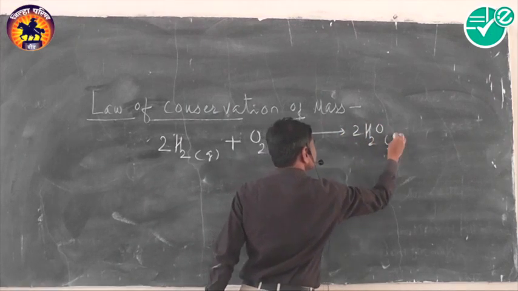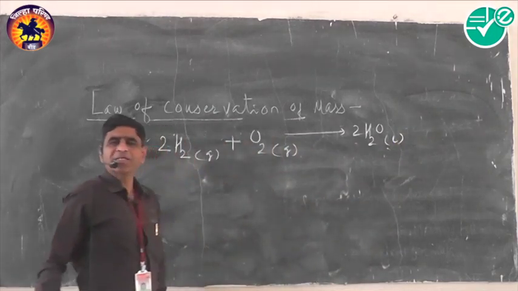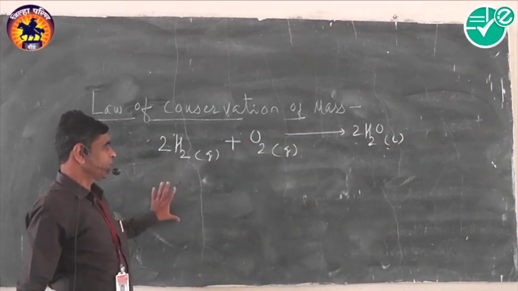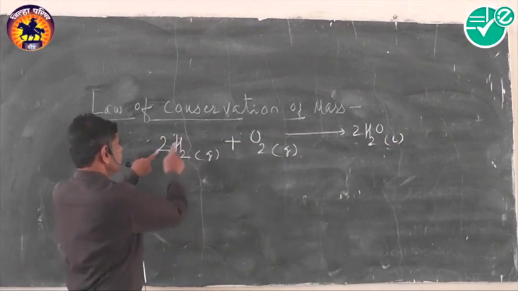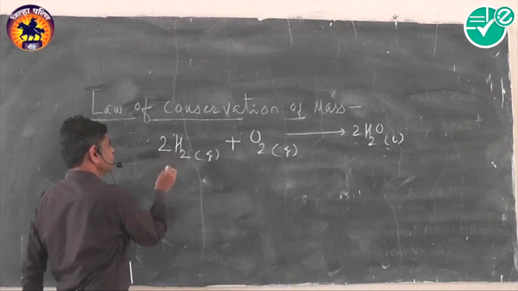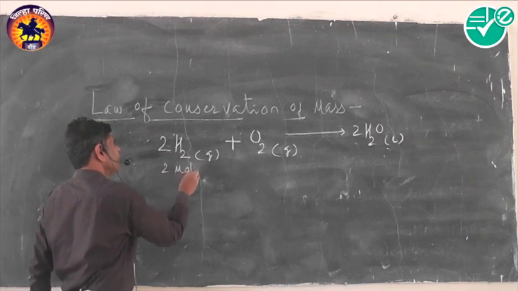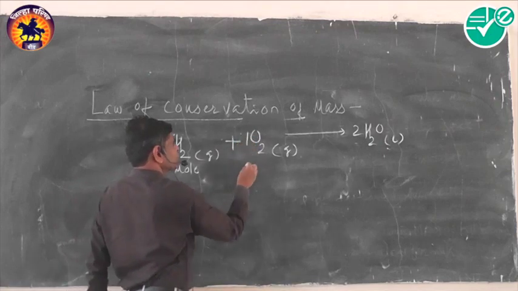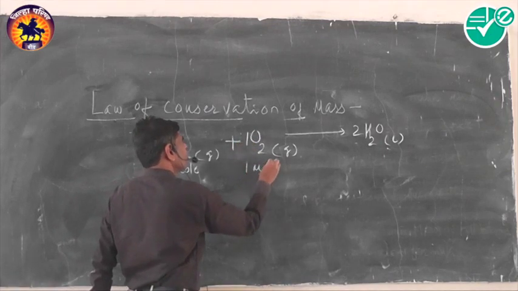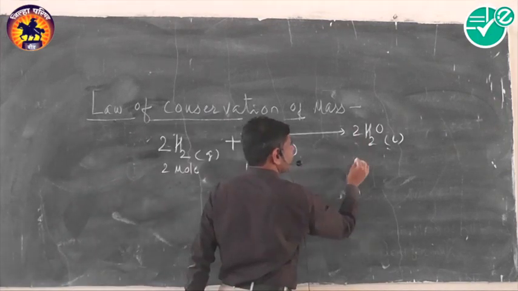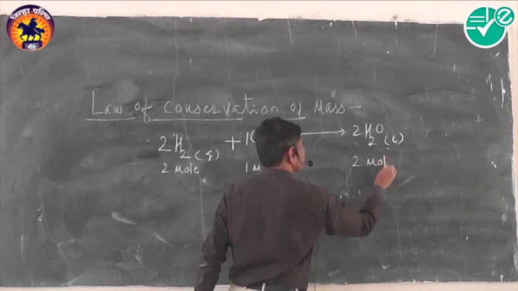This is one of the balanced chemical reactions. Here the number of moles of hydrogen is 2, oxygen is 1, and water is 2.